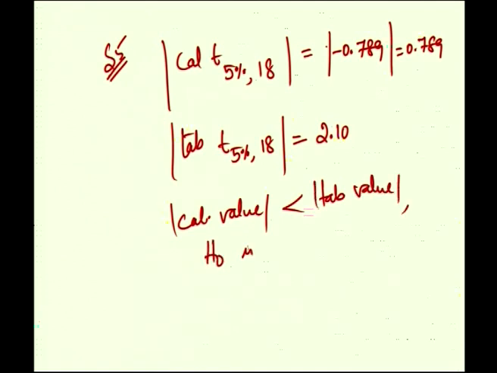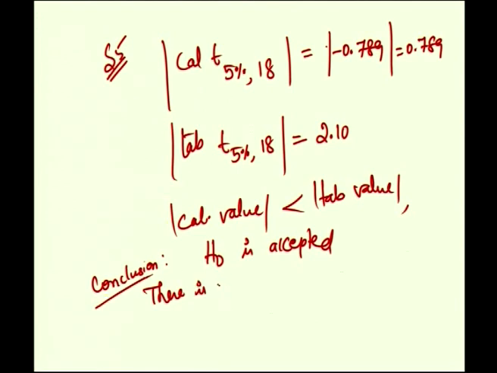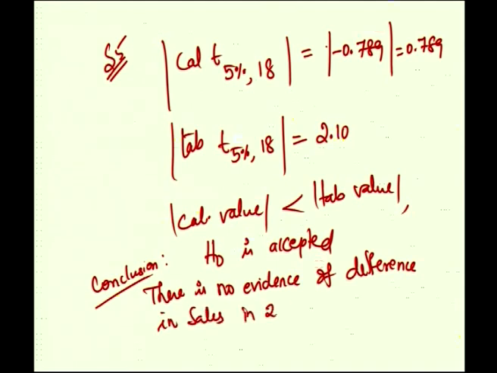H naught is accepted in the sense that there is no evidence. This is your conclusion: there is no evidence of difference in sales in two towns.